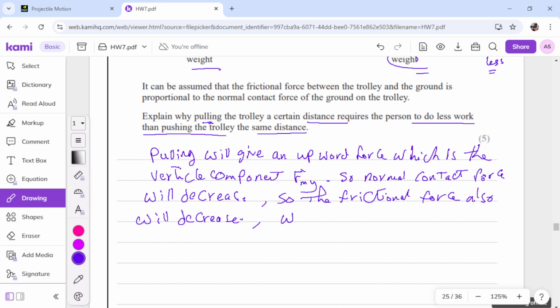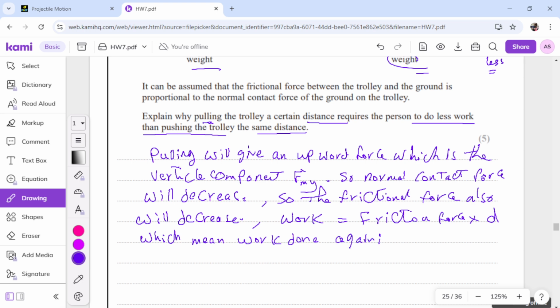Now we will write work equals friction force multiplied by distance, which means the work done against friction force will decrease.